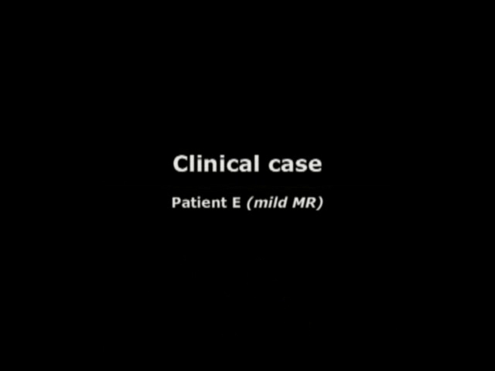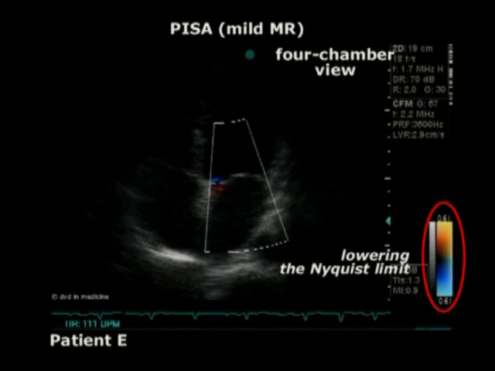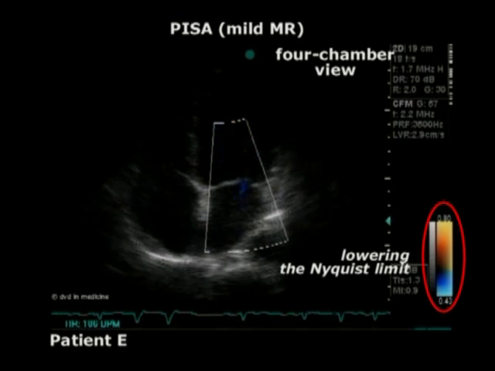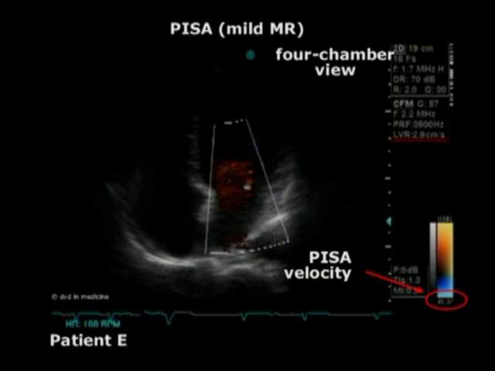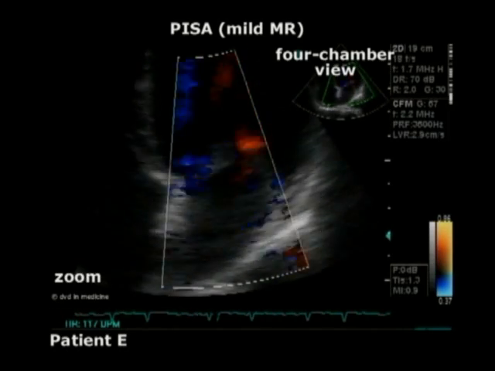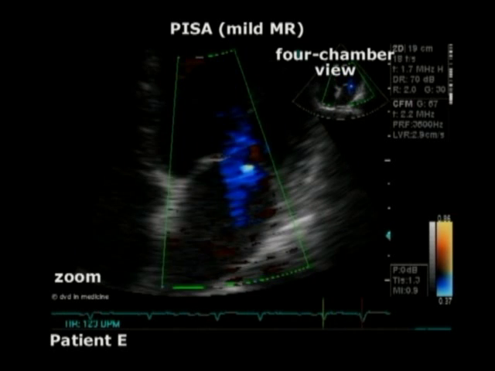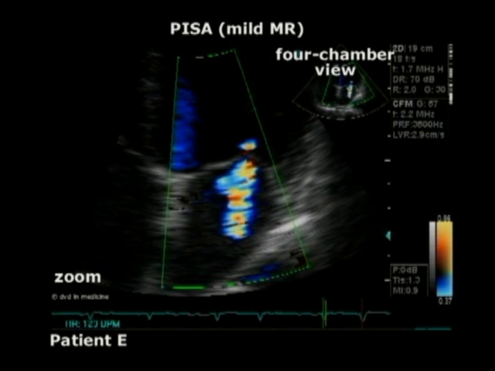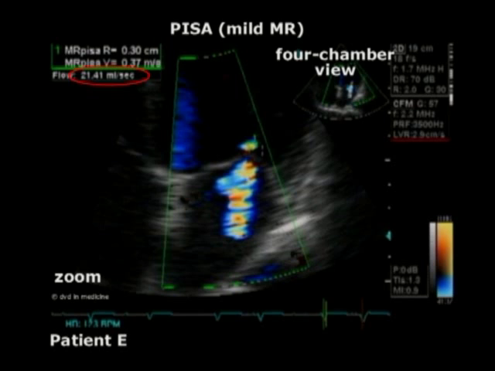Patient E with mild MR. PISA radius is 0.3 centimeters and regurgitant flow rate is around 21 milliliters per second.